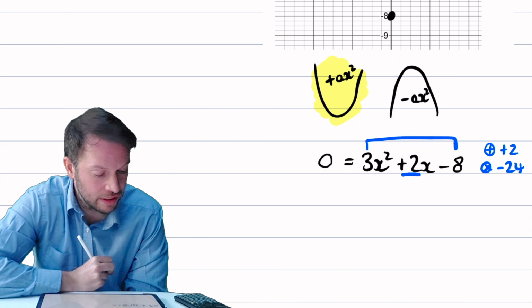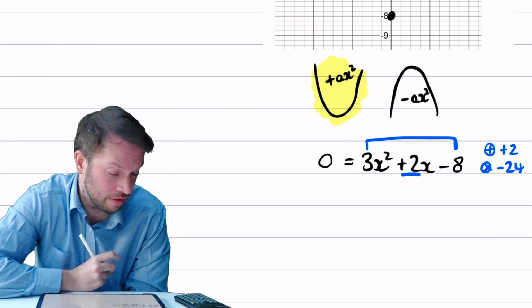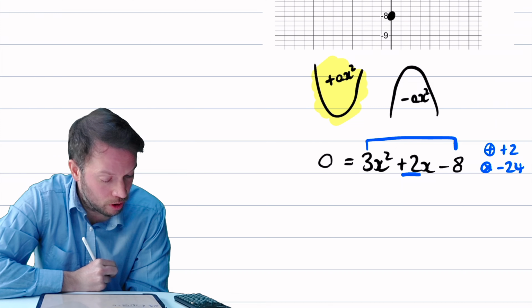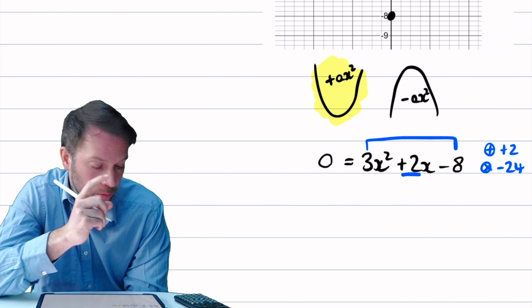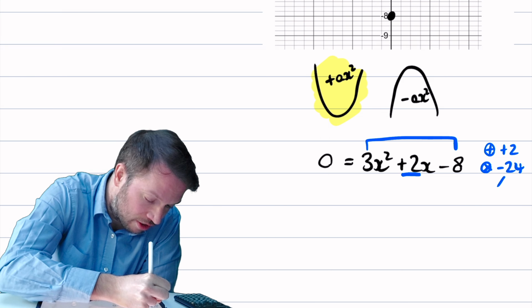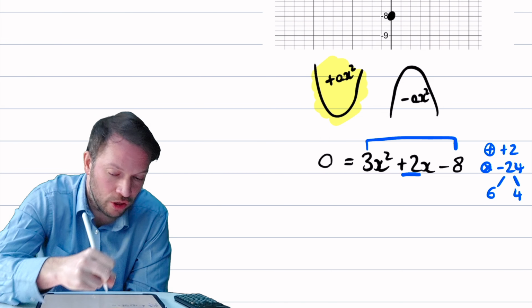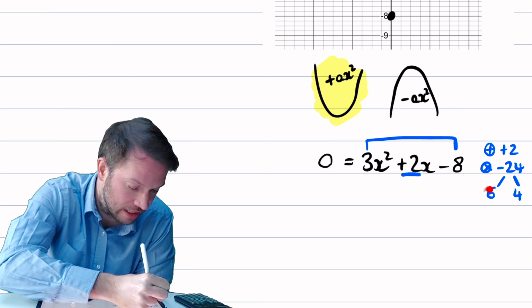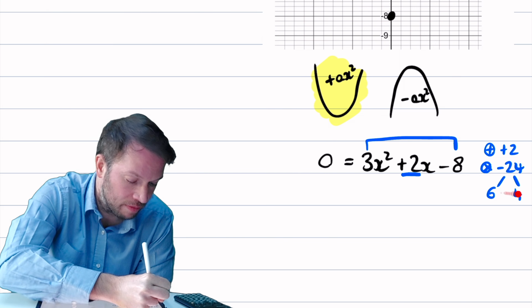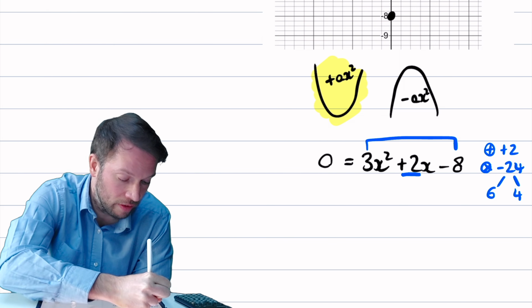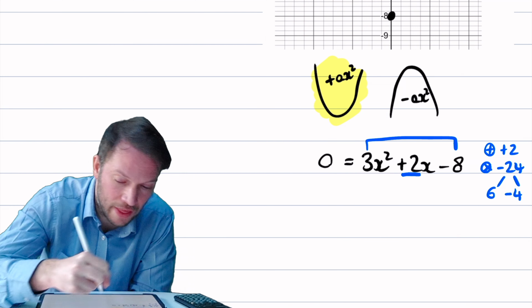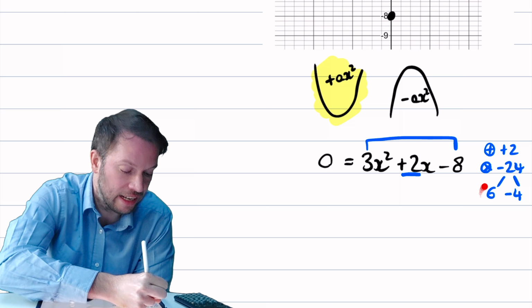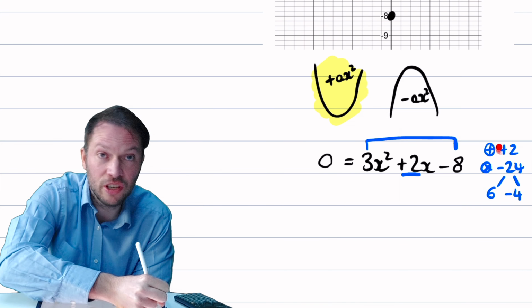Well, let's consider numbers that multiply to give 24 first, forgetting the negative. Well, 6 and 4. And 6 and 4 do combine to make 2 in some way, don't they? So if you start with the 6 and the 4, we know that one of these numbers has to be negative, because if two numbers multiply to give a negative number, one of them has to be negative. But it's going to be the 4 that's negative, because then when you add 6 and negative 4, you get 2, which is correct.